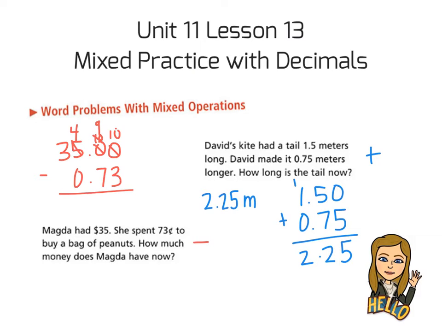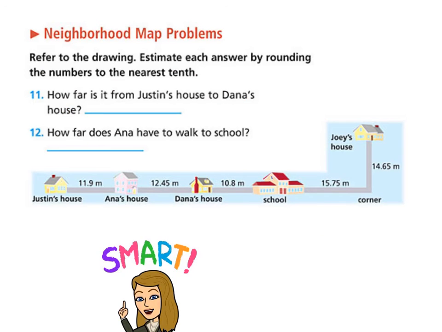So now I can do 10 minus 3, which is 7, 9 minus 7, which is 2, and decimal point, 4 minus 0 is 4, and then 3 minus nothing is 3. So now, after buying the peanuts, she has $34.27.